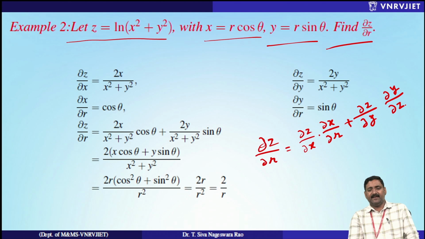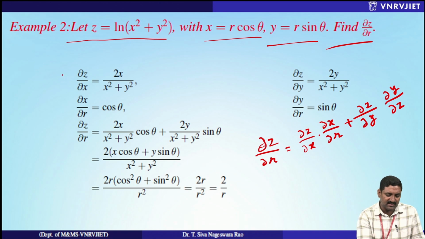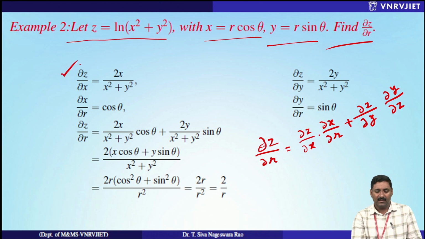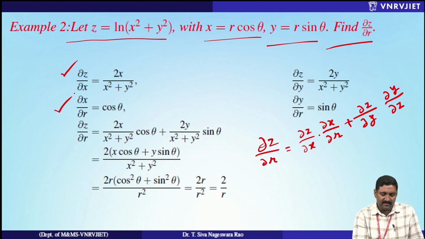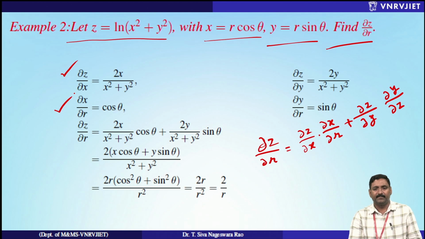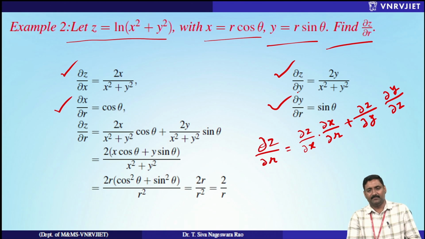So on right hand side we require four values. One is dou z by dou x, dou x by dou r, dou z by dou y, dou y by dou r.